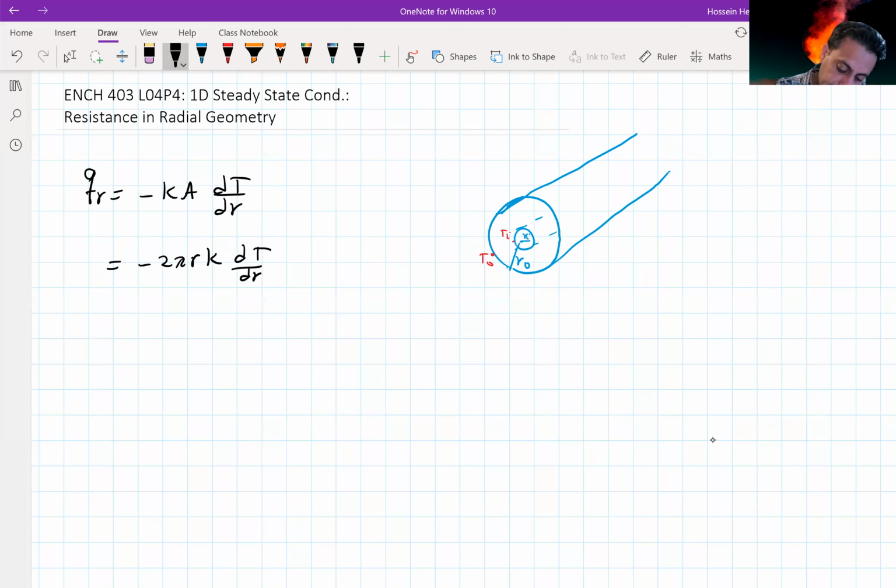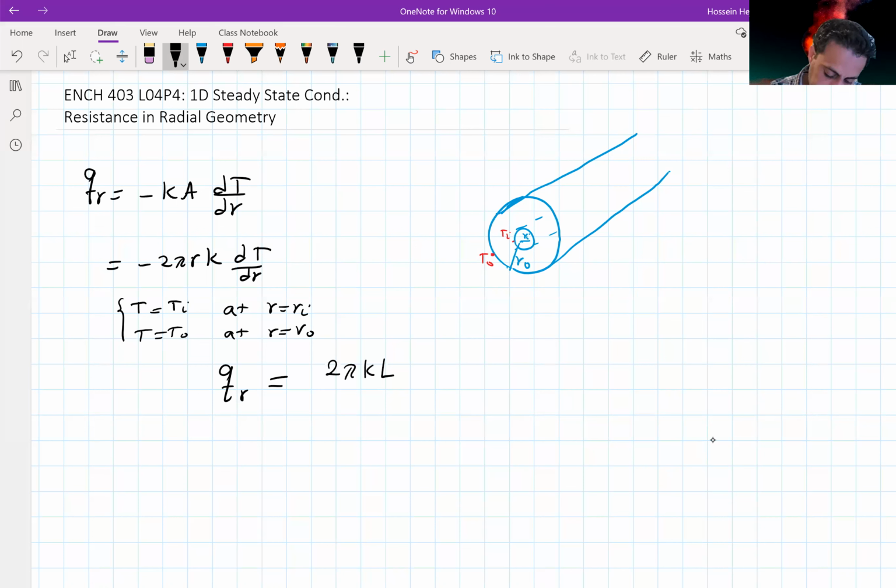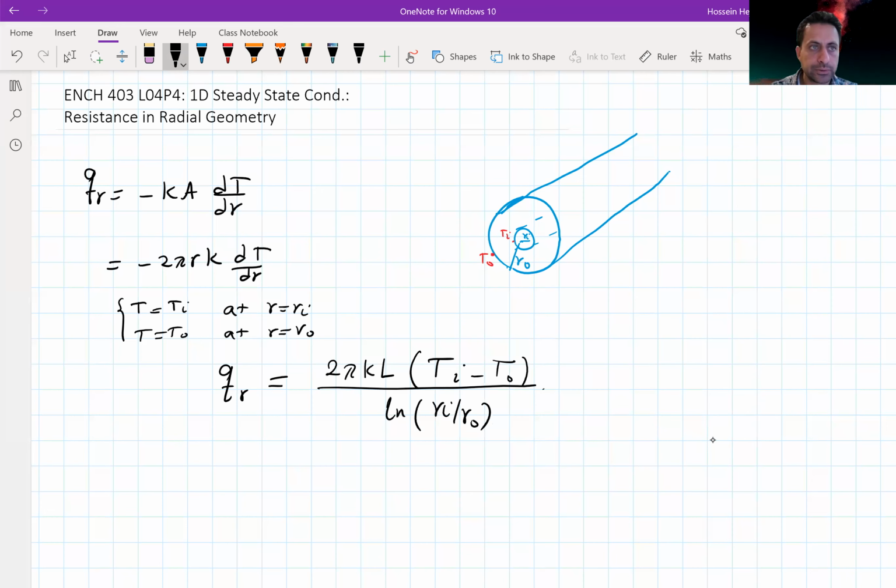Now, for this specific case, we have two boundary conditions: T is equal to Ti at r equal to Ri, and T is To at r equal to Ro. And we know the heat flow rate for a cylindrical coordinate, Qr, is going to be 2 pi k L (Ti minus To) divided by natural log of Ro divided by Ri.